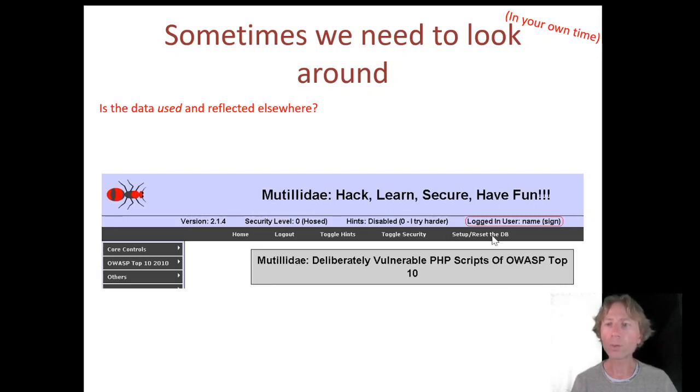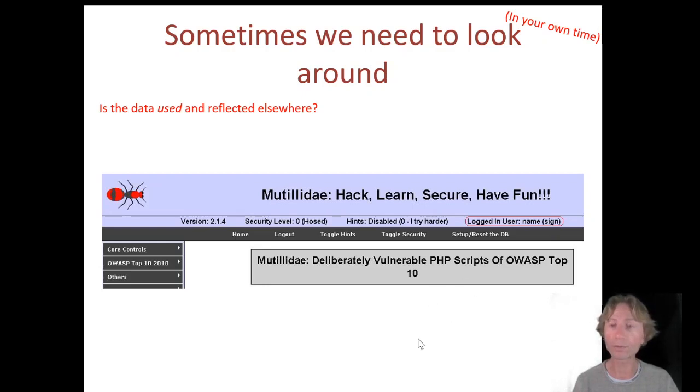We have on the web page not just the username, we're logged in as user, but also the signature reflected on the page. And that means that if we're able to have a subquery executed as part of the signature, this will actually be shown to us as users. And that's exactly what we're able to do.